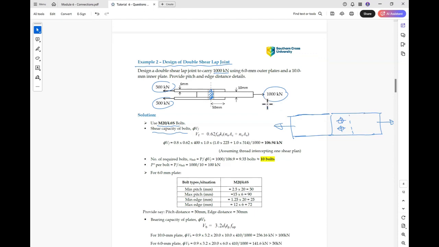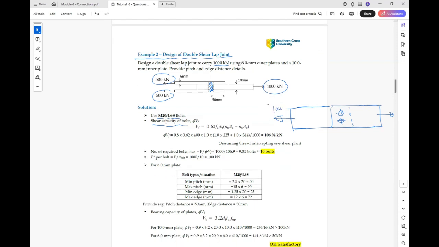Okay, so we have 1,000 kilonewton here and 1,000 kilonewton here. The shear capacity of the bolts, V ultimate, is phi Vf, where Vf is equal to this formula here.